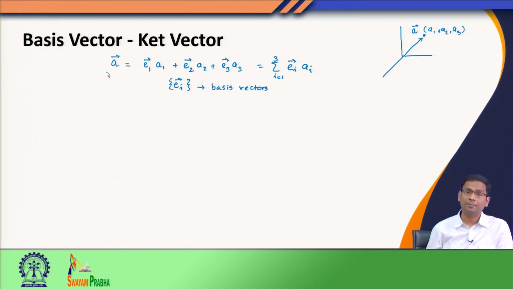So, when I say n-dimensional space in a quantum mechanical system, I do not necessarily mean either Cartesian or spherical polar or any other coordinate system. What I mean is that the solution of the problem has n number of eigenfunctions, so that the state of the system can be expressed as a linear combination of these n eigenfunctions.